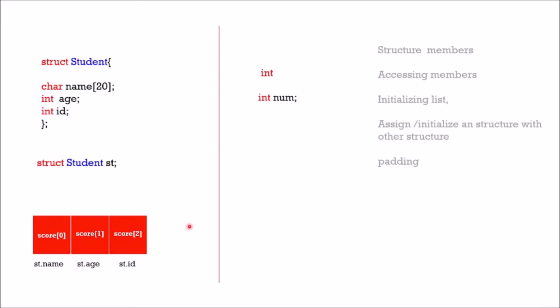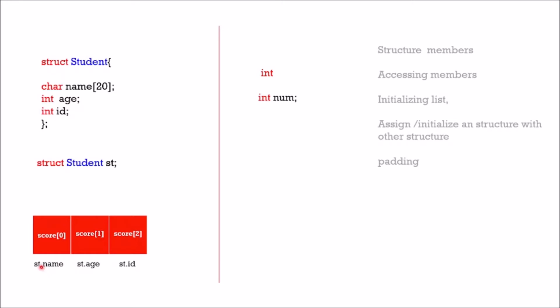Whenever I want to access every individual structure member, I will have to use the name that I gave to this structure variable, and then place the access operator, which is a dot, and then the name of the member variable. So if I want to access the name, I will have to use the expression st dot name.